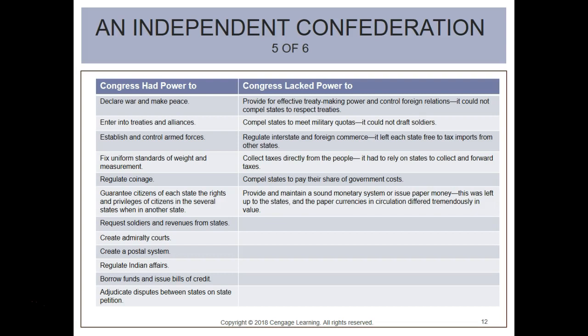And these are some of the examples of an independent confederation. So effectively, you have the power to make war, enter into treaties, establish armed forces, and create different things, the postal system, court system.